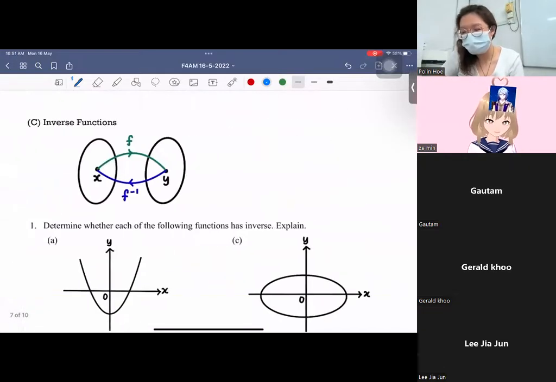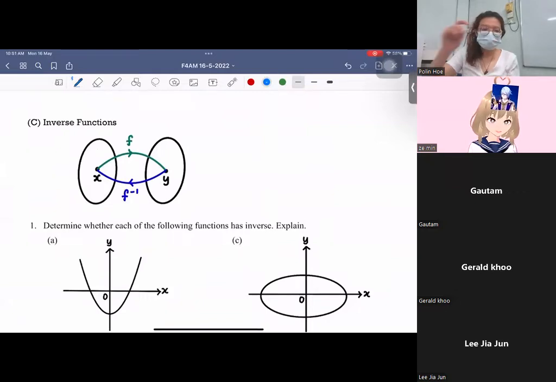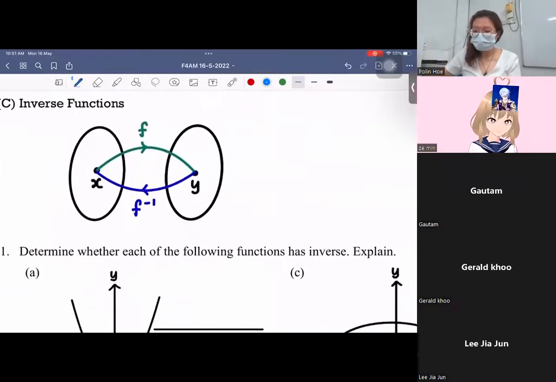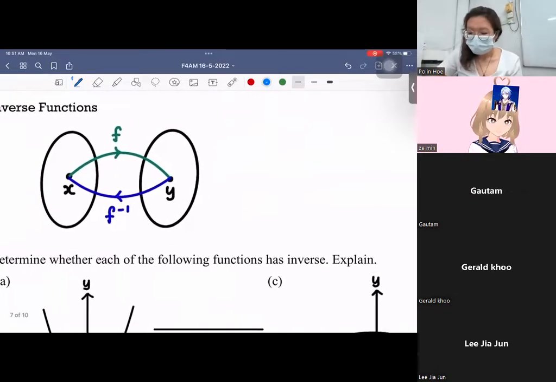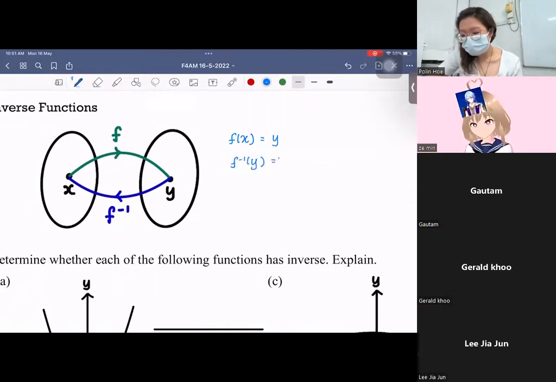Okay, last one, inverse function. The first thing is this diagram. We always say that f(x) equals y, so f inverse of y will be equal to x.